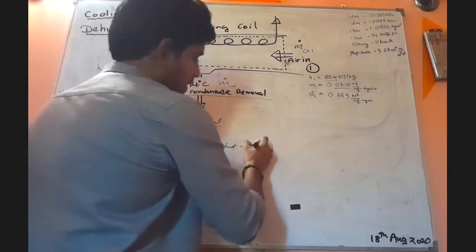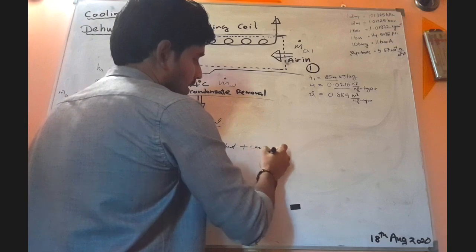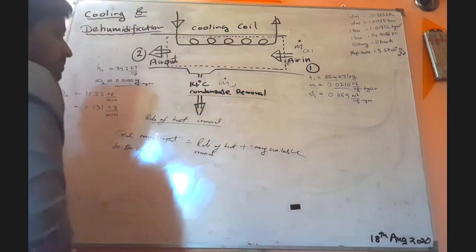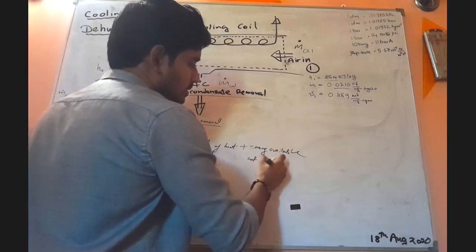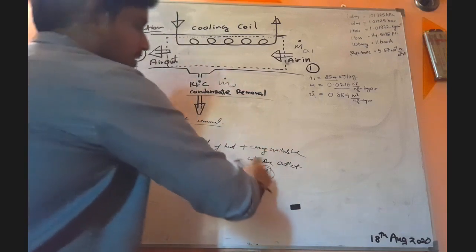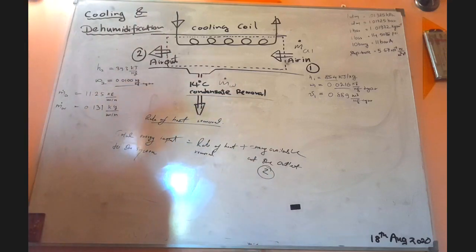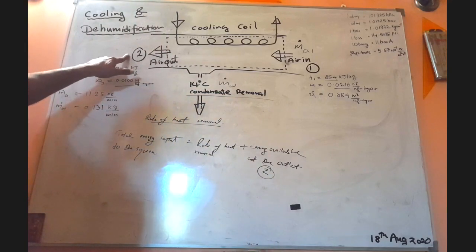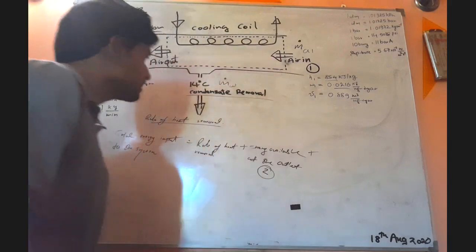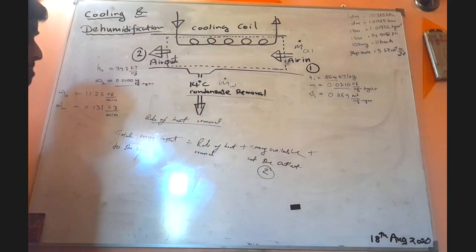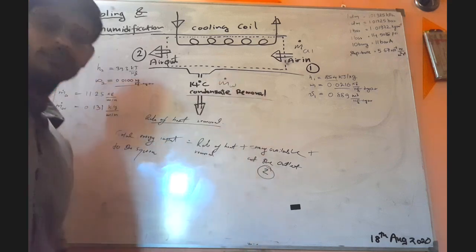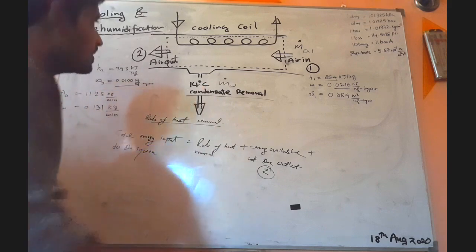So let's write: energy available at the outlet 2, because I have given a label 2 over here, plus energy content at the condensate removal, because you know that here we have condensate removal at 14 degrees Celsius.